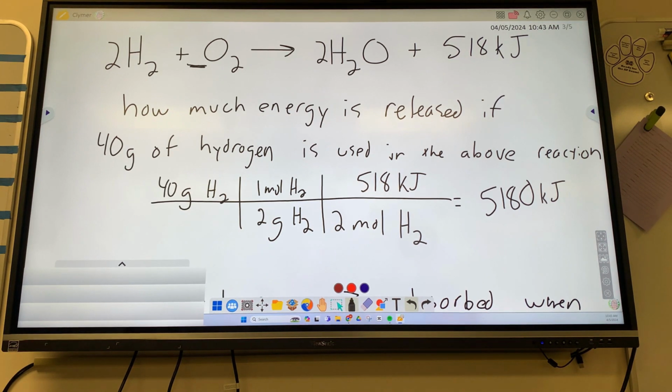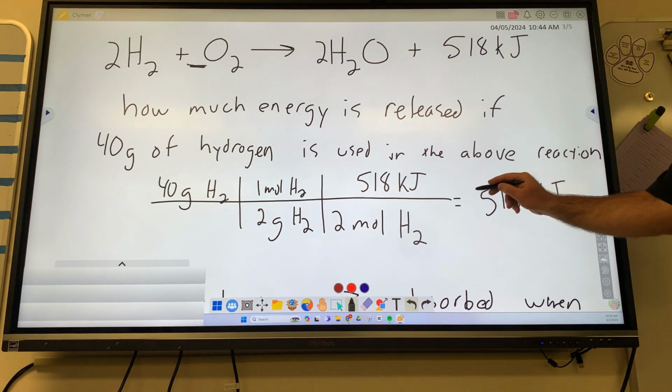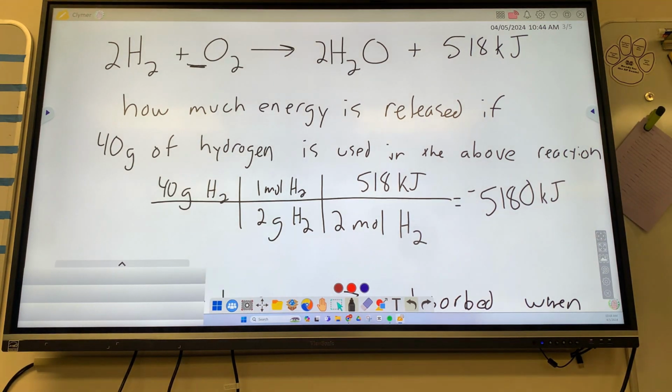Now here's the brain teaser. What is the sign on this energy number? Is this a positive or a negative? Remember, we're talking about heat here. We're talking about endothermic and exothermic. What's the sign going to be here? Why negative? Yeah, this is being released. This is energy leaving the system, right? This would be a negative energy.